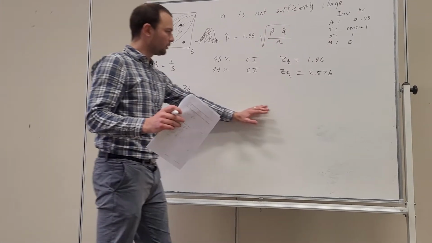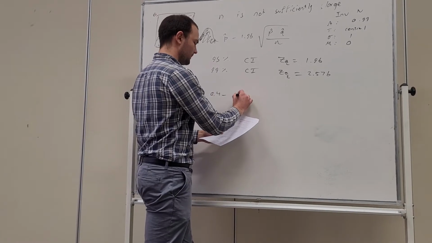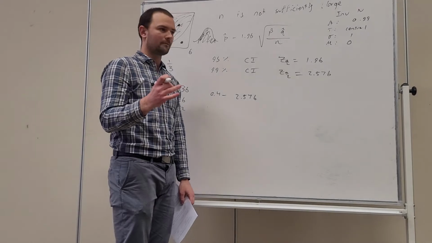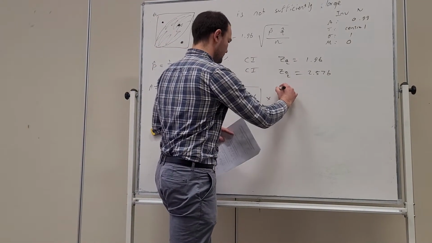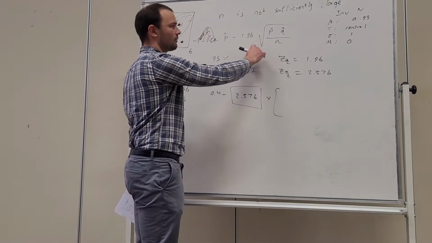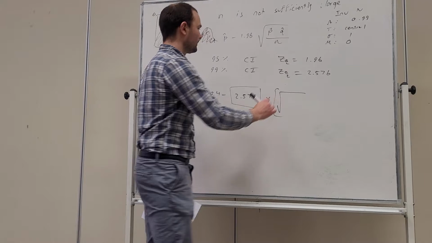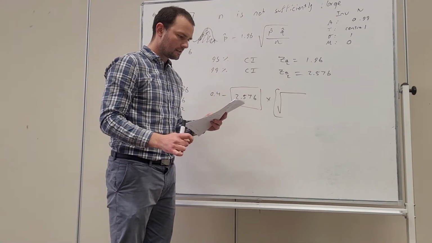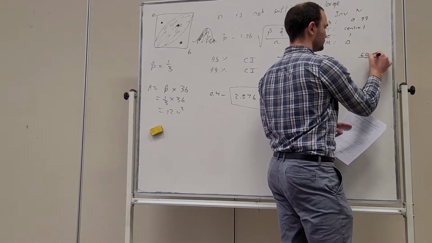So what we're going to put in the first box is 2.576. That's the value of Z alpha on 2, and that's going in the first box. And then that's times the second box. I'm going to have the square root of P hat times Q hat on N. So that's going to be the square root of our observed value of P, which is 600 divided by 1500.